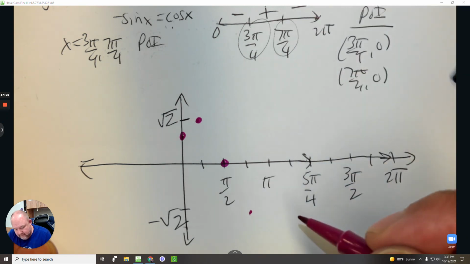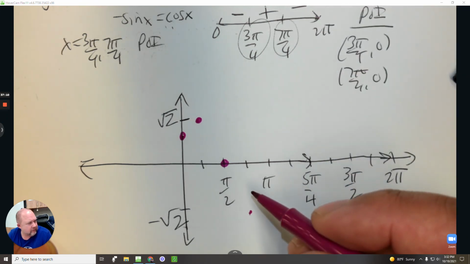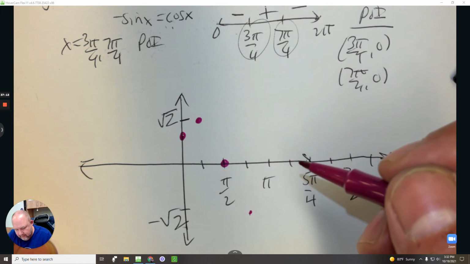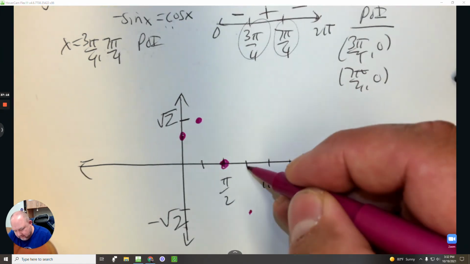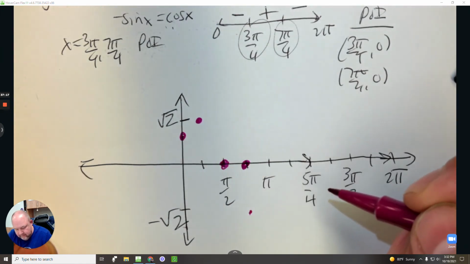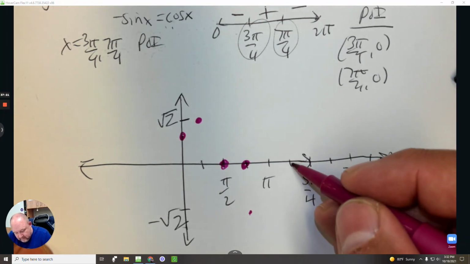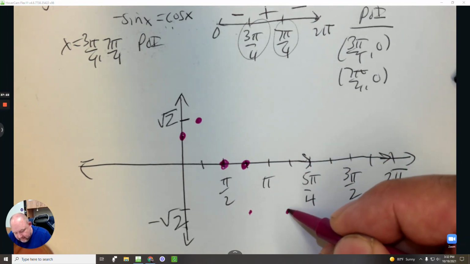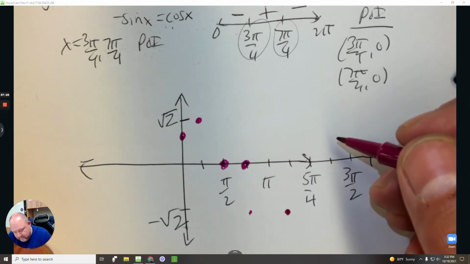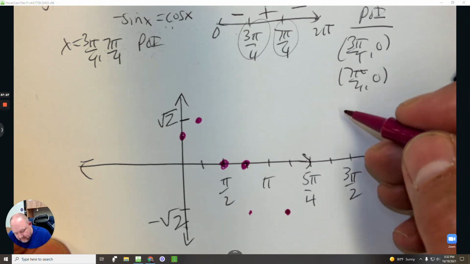and then at, what am I doing here? Pi over 2, no. So it goes up here, not here. This is where it is. The intercept's at 3 pi over 4. It goes down, and then it turns at 5 pi over 4. It goes back up.